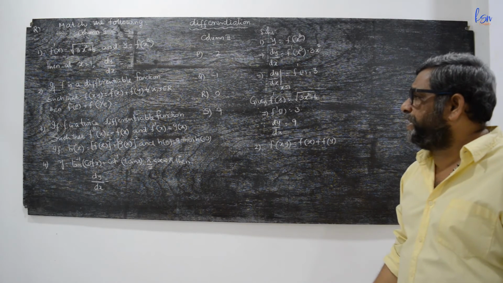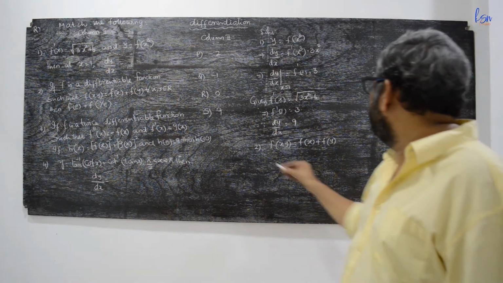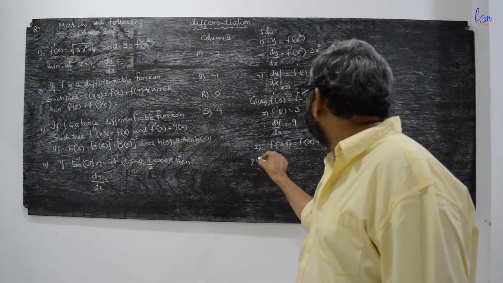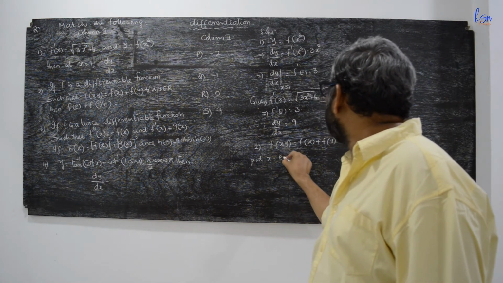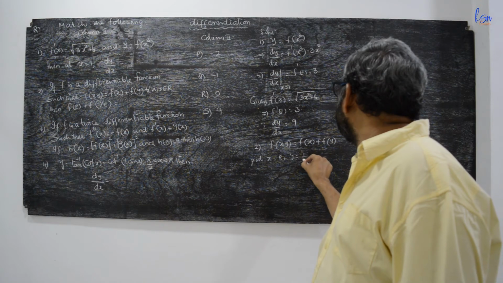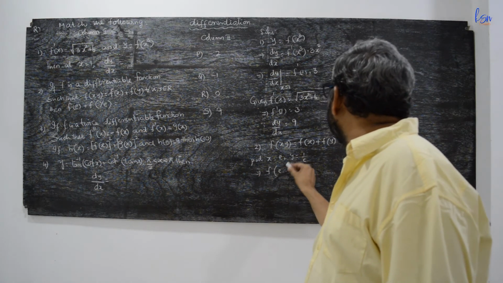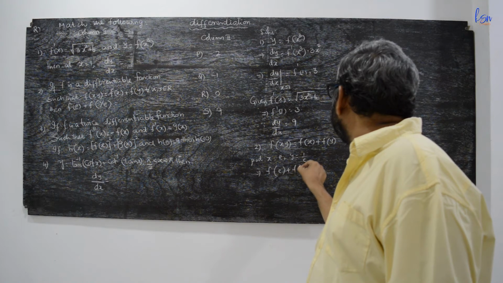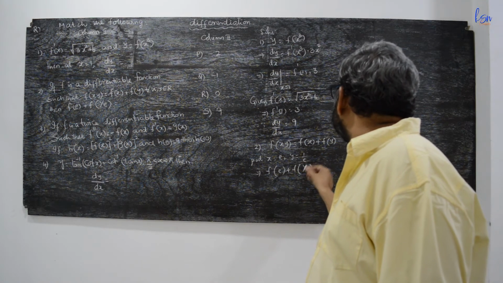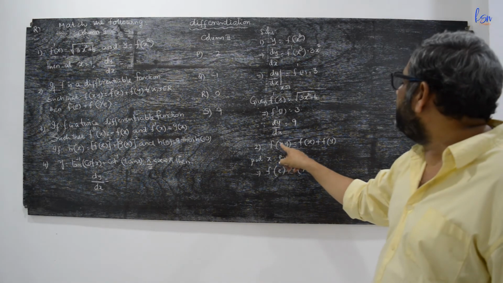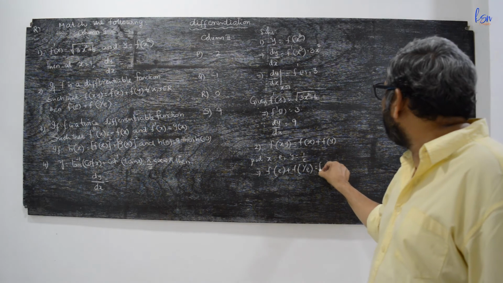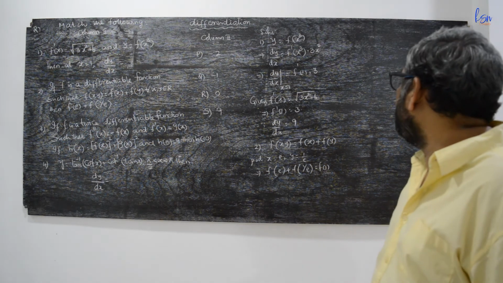Now we are asked to find out f of e plus f of 1 by e. Put x is equal to e, y equal to 1 by e. This implies f of e plus f of 1 by e is equal to f of e into 1 by e, that is f of 1.